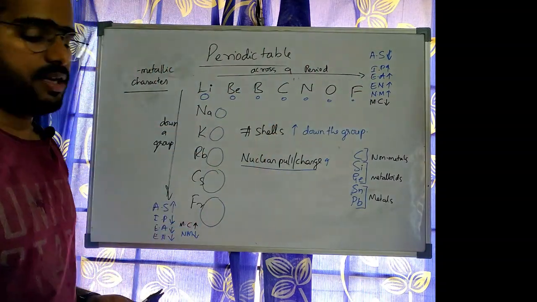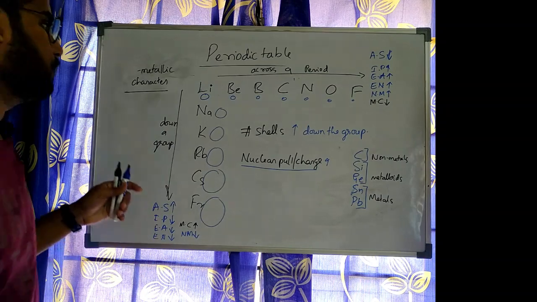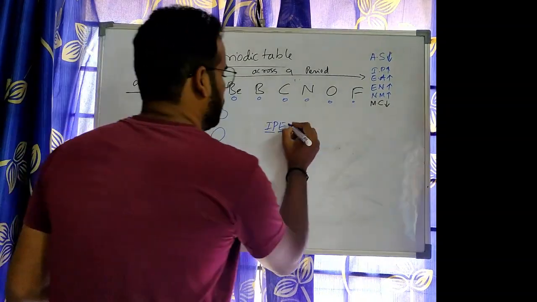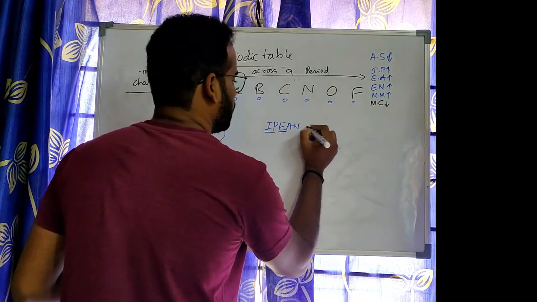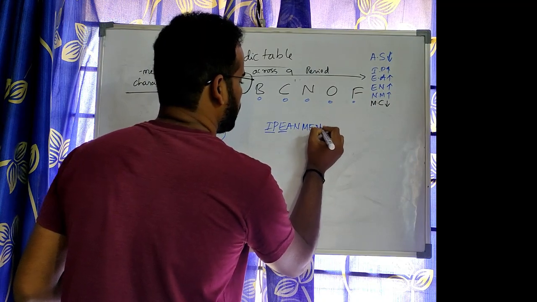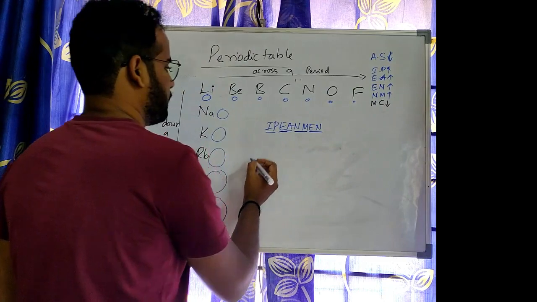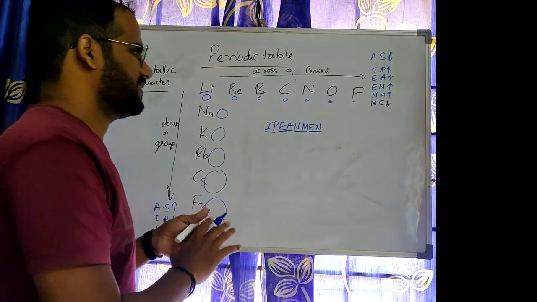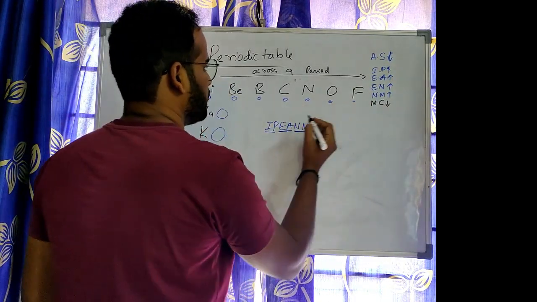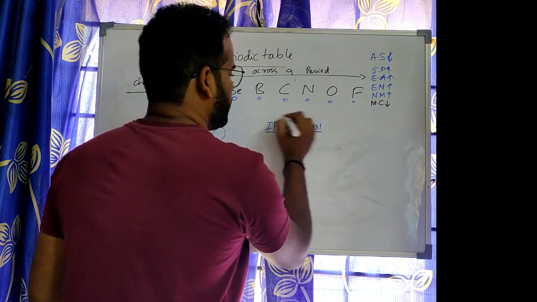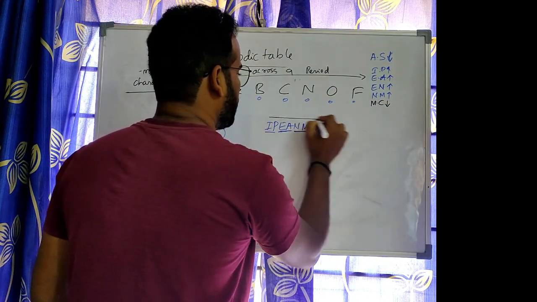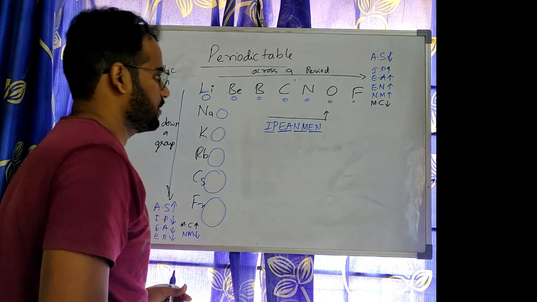So all are done. The easiest way to remember these: IPN men. Electron affinity, non-metallic character, electronegativity. So these all show the same trend. Across the period they will increase.